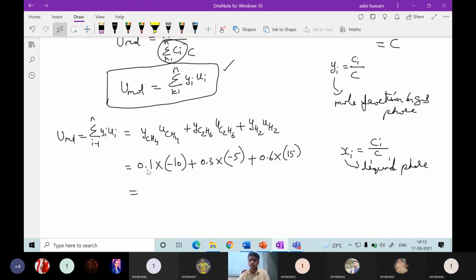So we can calculate the overall. The mole fractions have no units, so the units are meters per second. So overall we get U mole equals some meters per second.